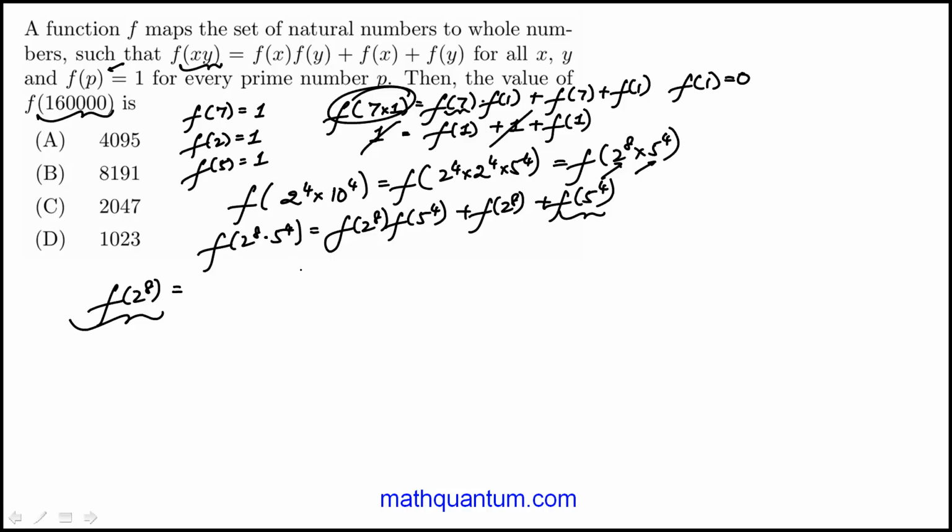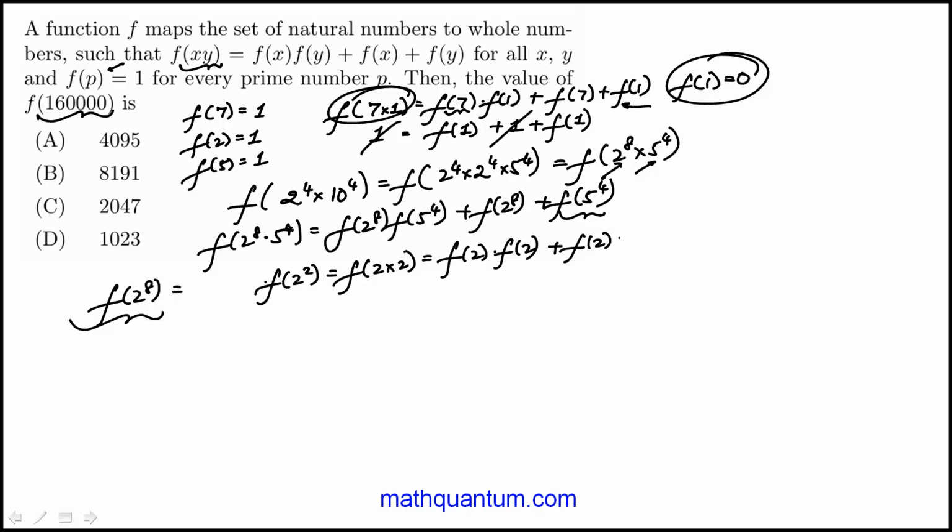So the idea was to start with what I had done here, for example, that told me that f of 1 was 0. But then what about f of 2 squared? We can think of it as 2 times 2. So if I replace x with 2, y with 2, I know that this is 1. So 1 plus 1 plus 1, so that's 3.